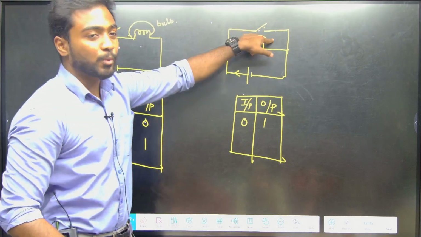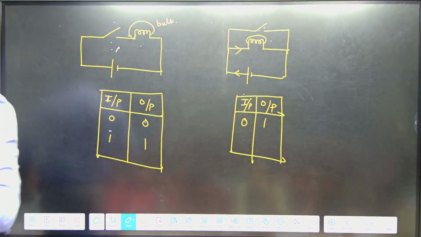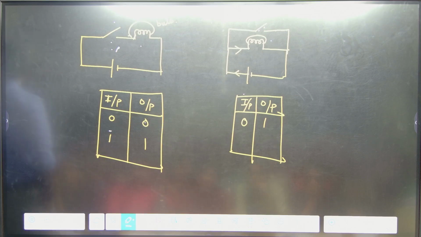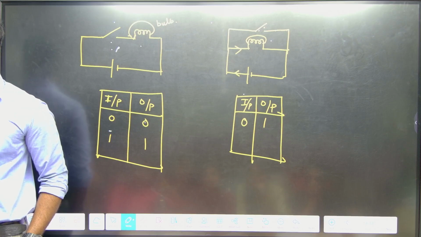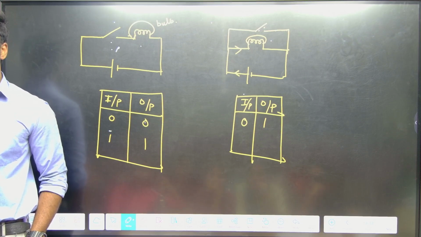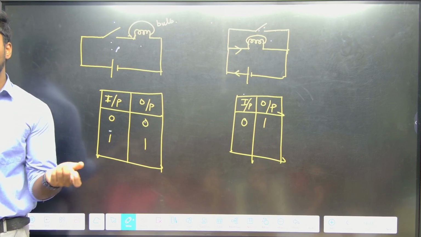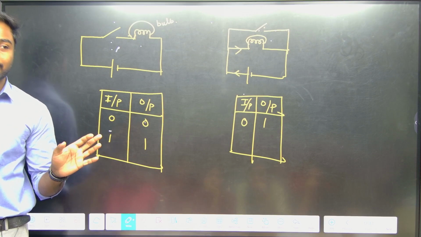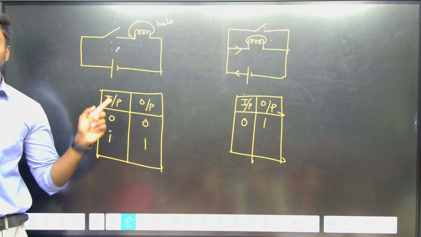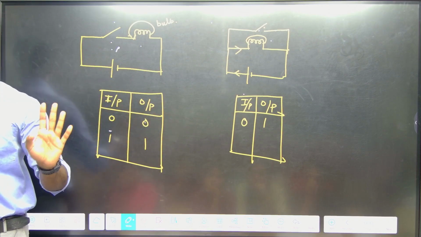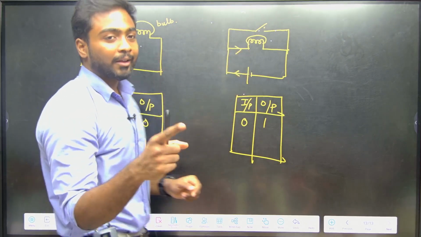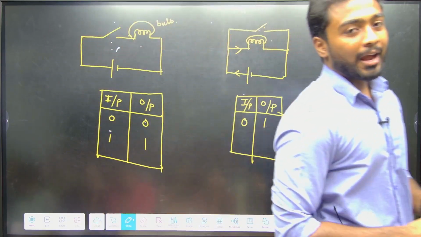But now I will close the switch. What about the bulb? It will glow. No, it won't glow, because a bulb is a kind of resistor. A wire will allow the current to flow smoothly. There is no resistor in the wire. Wherever resistance is not there, I will take that path.